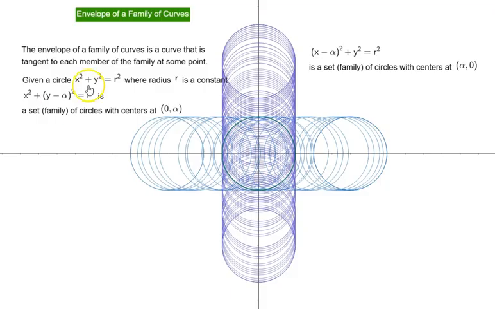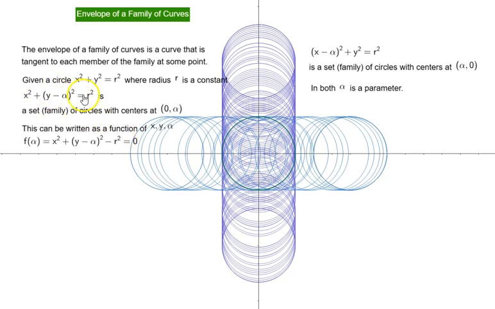What we want to know is the curve which is tangent to all these circles in the family. So here remember, in both cases, alpha is a parameter. As we keep changing the parameter, we get the different members of the family.